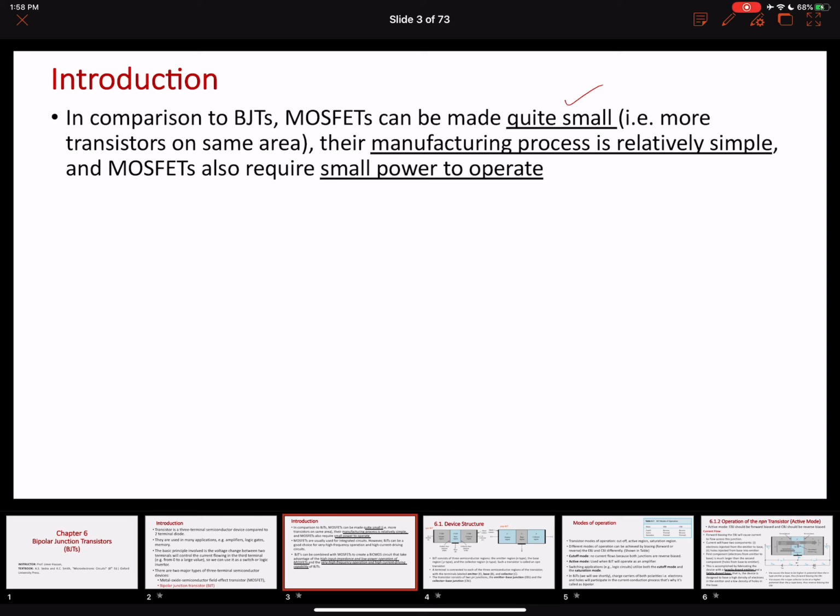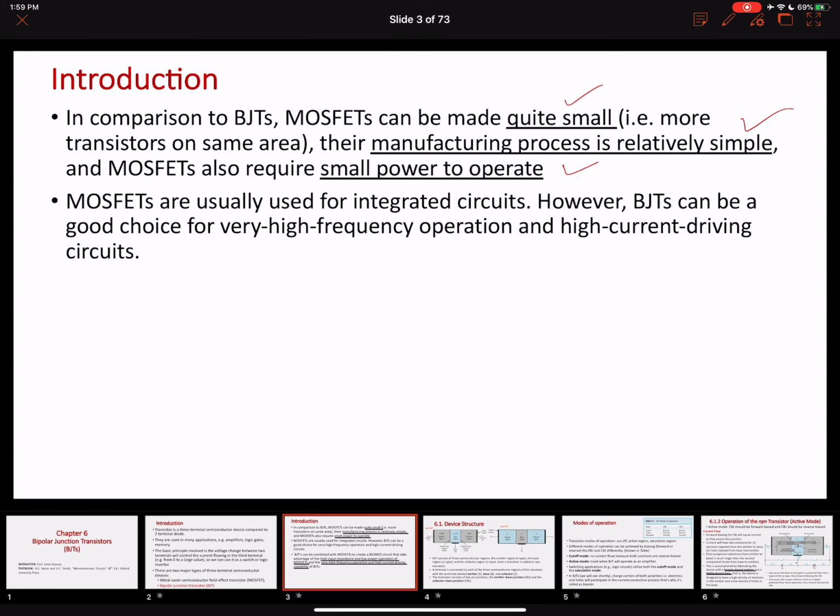Their fabrication process is relatively simpler as compared to bipolar junction transistors, and they require very small power to operate, right? So we need more battery life, of course, to operate our laptops, smartphones, and all of our other regular electronic devices based on microprocessors. So that is why they are more favorably used to fabricate these microprocessors. So we are using MOSFETs for more integrated circuits.